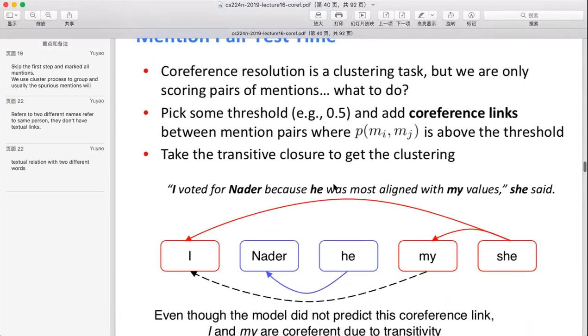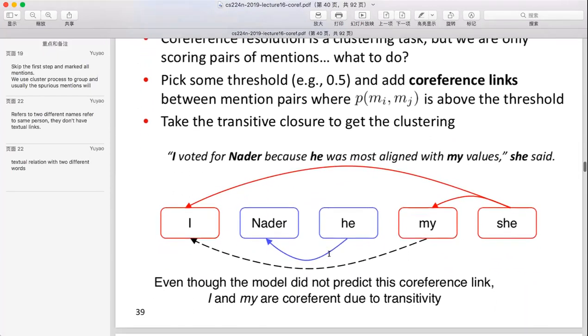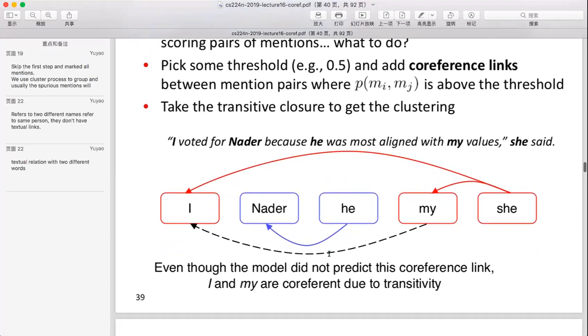You see, this is the result. So we got our different clusters. But there is some transitivity in this model. For example, we identify I, my, she as one group, but I and my, these two could be the same pair as well, because of the transitive clustering.